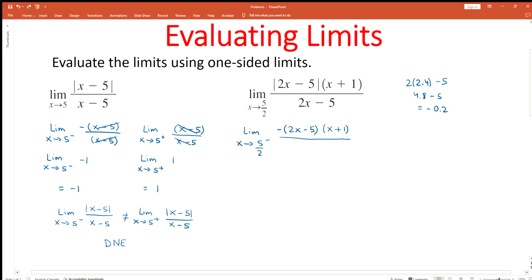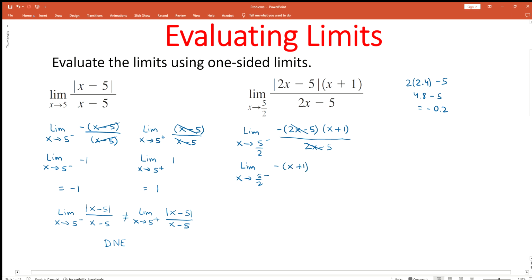The other expressions stay the same. Next, we can cancel out the 2x minus 5 from the numerator and denominator. Next, we can apply the limit.